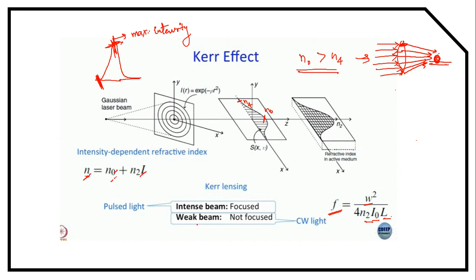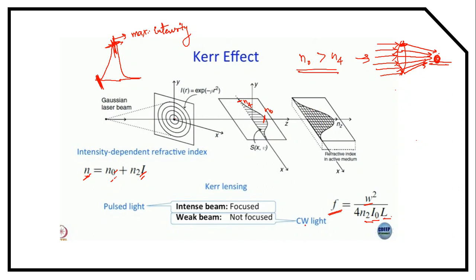Suppose our beam is a weak beam, or not well focused. Then the value of I is less and n is less, so the Kerr effect will not be as pronounced, or the beam will not be that much focused. Why? Because since the intensity is less, the nonlinear change is reduced and the beam will not be able to focus.